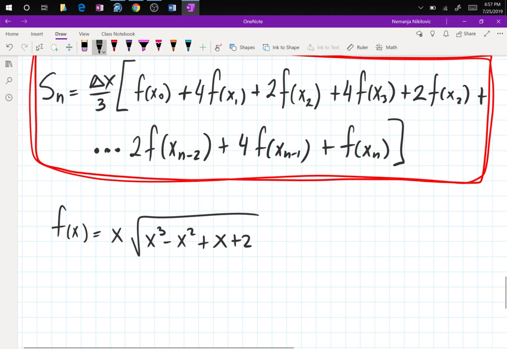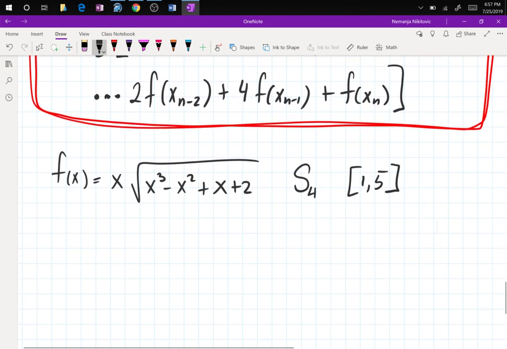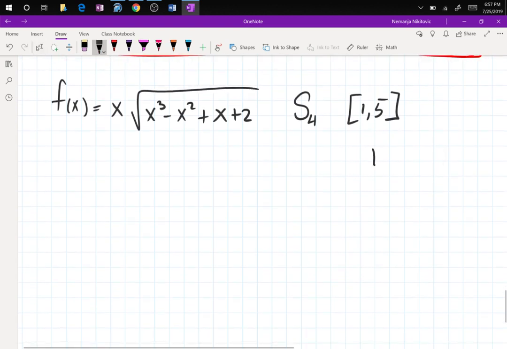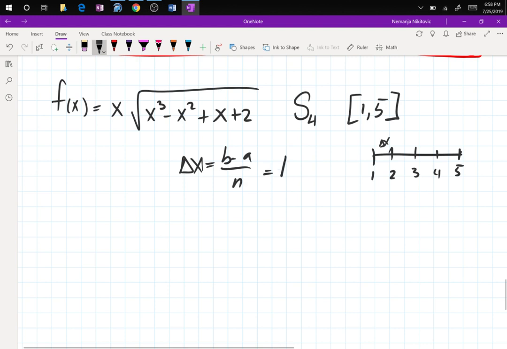Okay, so we have Simpson's rule with 4 rectangles, so S4, and we have 1 to 5. Everything stays the same. You first make your partitions: 1, 2, 3, 4, and 5. And you know these are partitions with delta x equals 1 because our delta x is still the same, b minus a over n, which is 1.